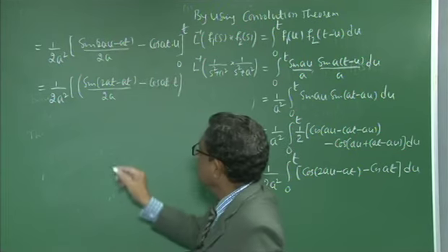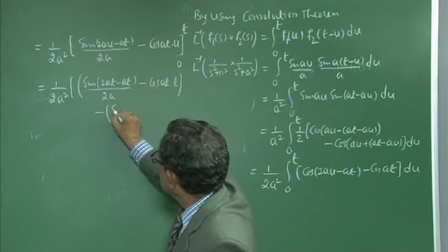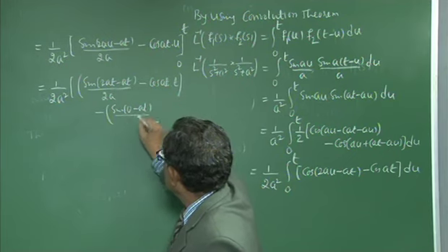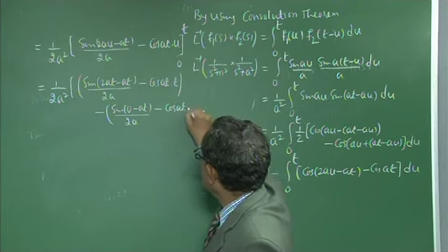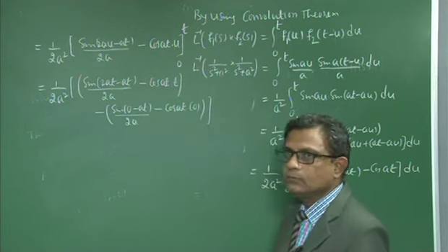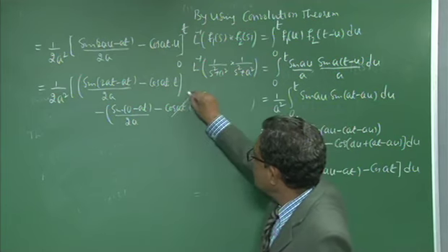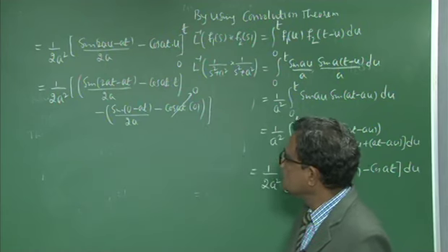This is your upper limit minus lower limit: sin of 0 minus at divided by 2a minus cos at into 0. Just ordinary simplification. This last term, 0 into anything is 0.